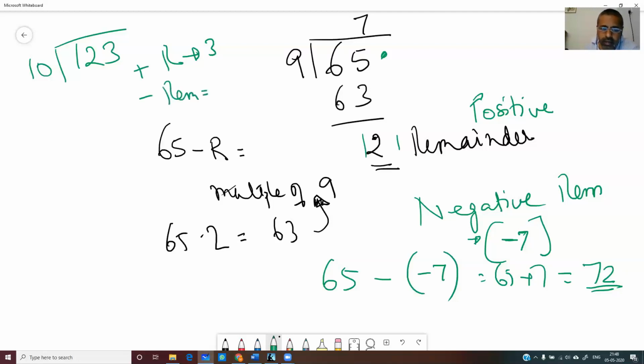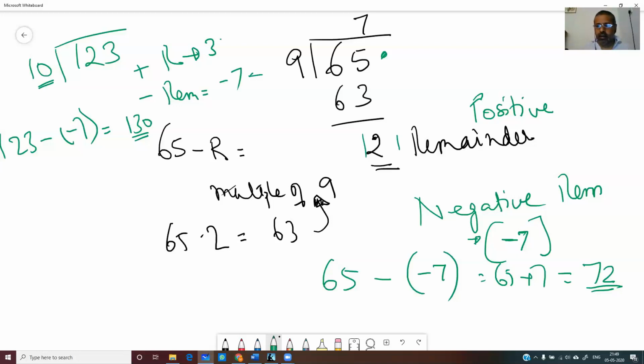It is minus 7, because 3 plus 7 will give you 10. So you take minus 7 as a negative remainder. 123 minus of minus 7 is equal to 130, which is also a multiple of 10. So any time when you divide, you'll get two remainders, a negative remainder as well as a positive remainder. And this is something which is very important.